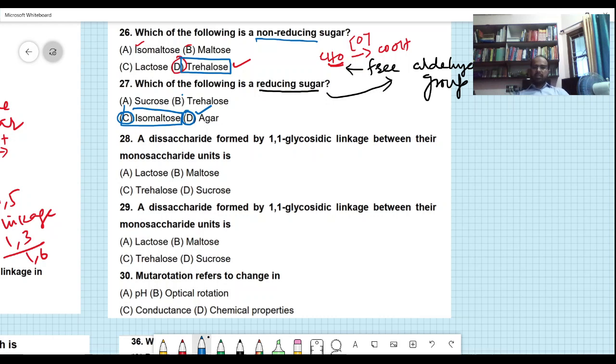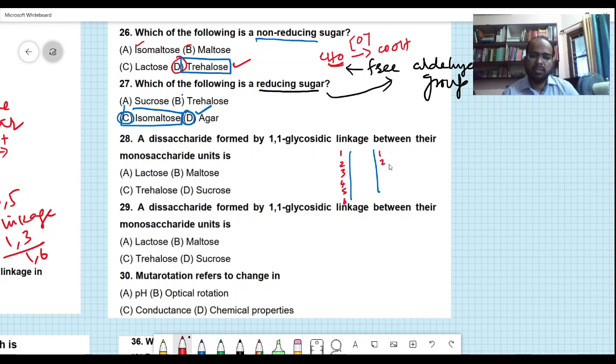So it's just that you have to remember. Now a disaccharide formed by 1,1-glycosidic linkage. 1,1-glycosidic linkage means between their monosaccharide units, as I told you, we have the first chain here and then the second chain here. In the first chain, we had 1, 2, 3, 4, 5, and 6 carbon atoms.